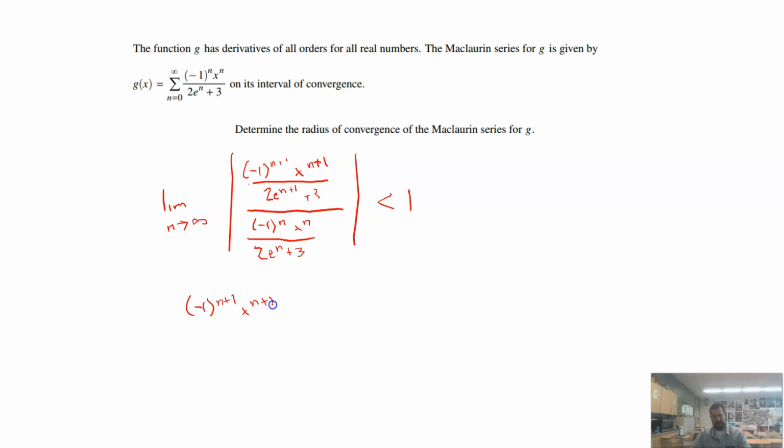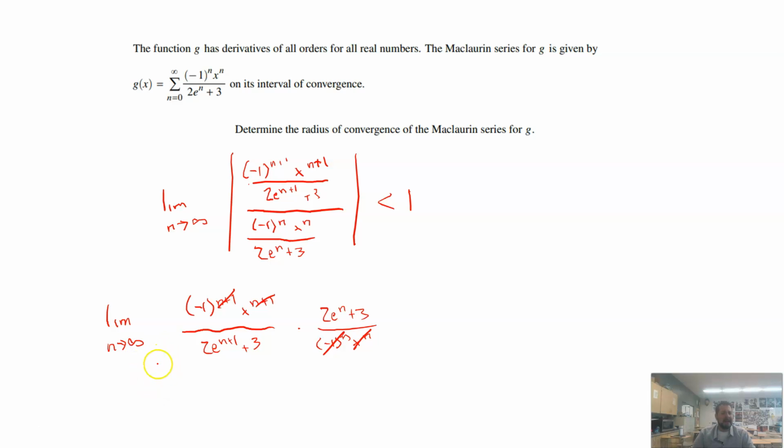I'm not going to write it for just a second, because we need to see what cancels out inside of the parentheses, 2e to the n plus 3 over negative 1 to the n times x to the n. So everything but one negative 1 crosses out, everything but one x crosses out, and then this is the limit as n approaches infinity.